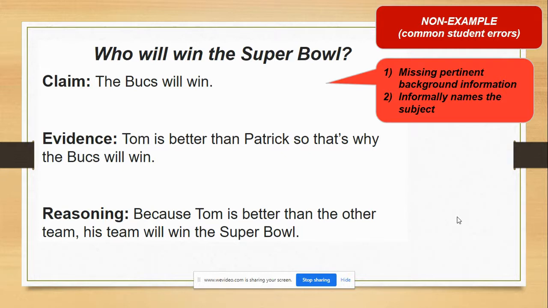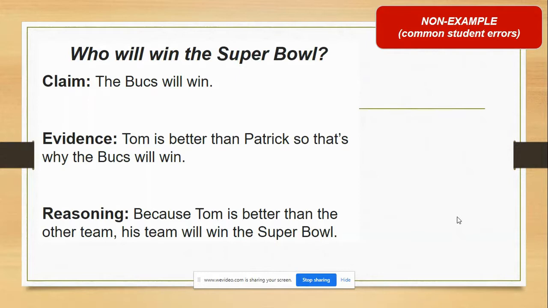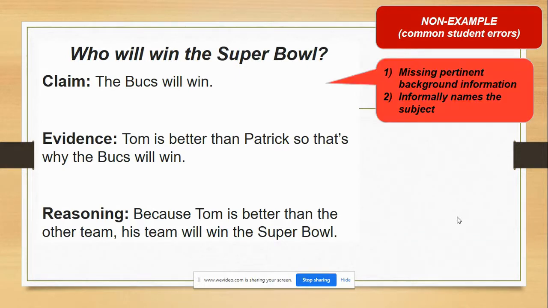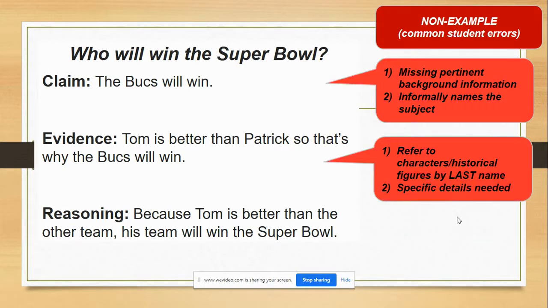Let's look at the evidence. Tom is better than Patrick, so that's why the Bucks will win. In this one, it refers to the characters or historical figures. We're pretending that applies here. It refers to these people by their first name.